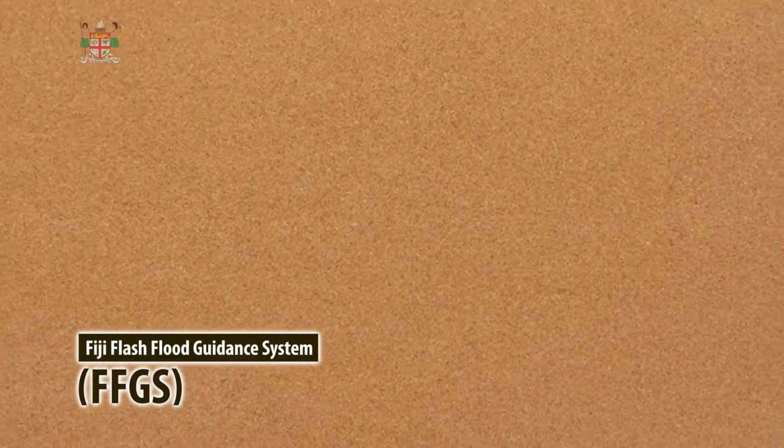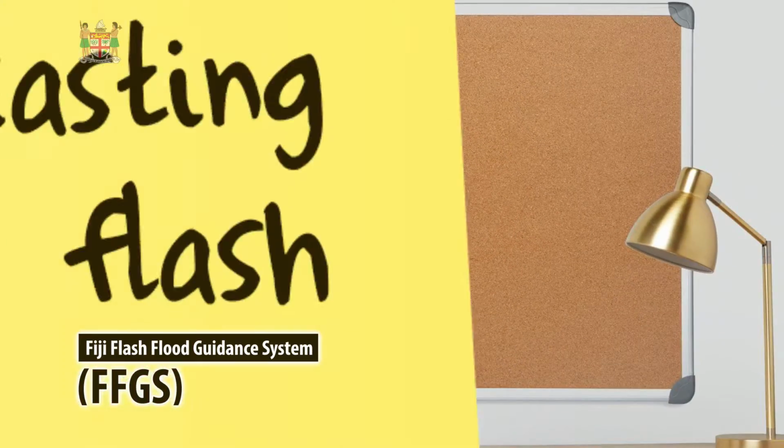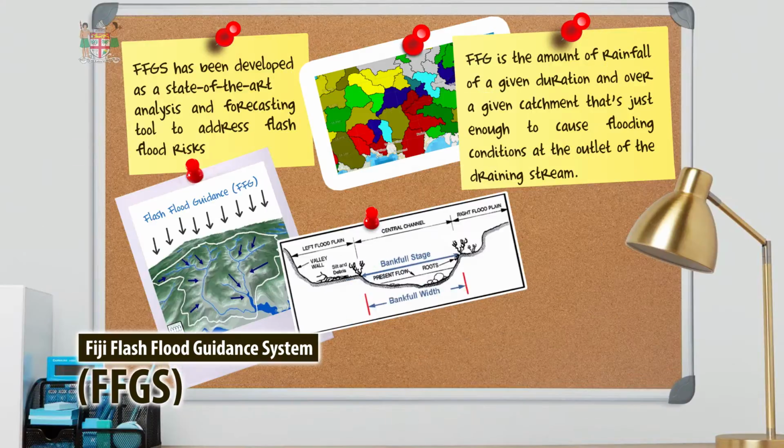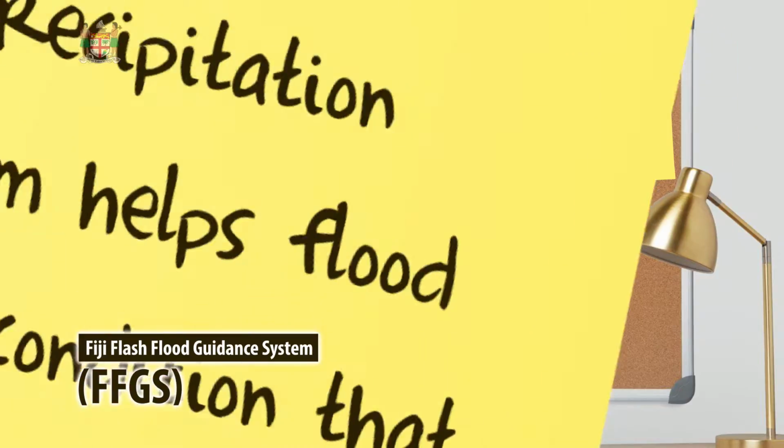Flash Flood Guidance System FFGS has been developed as a state-of-the-art analysis and forecasting tool to address flash flood risk. Flash flood guidance (FFG) is the amount of rainfall of a given duration and over a given catchment that is just enough to cause flooding conditions at the outlet of the draining stream.